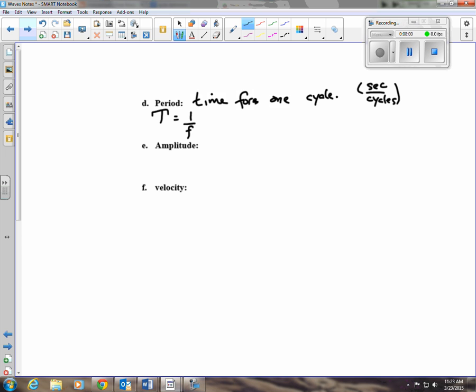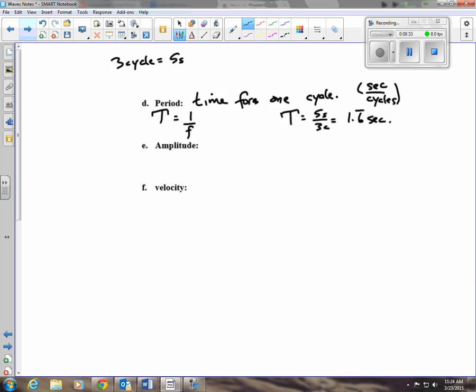So for the example we had, if you remember, we had 3 cycles was 5 seconds. So if I'm going to use seconds per cycle, I'm going to say the period is equal to 5 seconds over 3 cycles, which is going to give me 1.6 repeating seconds for the period. The other way you could have done it would have been 1 over f. And if you do that, the frequency is 0.6, and 1 over 0.6 is 1.6 repeating.